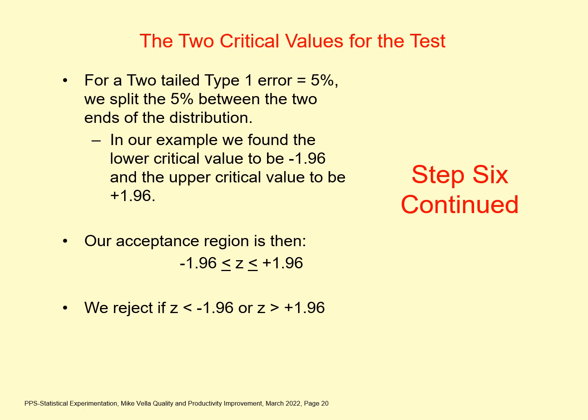Therefore, our acceptance region, and that is the region that we would say that we would accept the null hypothesis, would be if we find a z-score which is greater than minus 1.96, but is less than plus 1.96. And we reject the null hypothesis if the z-score is either less than minus 1.96 or if the z-score is greater than 1.96. This would indicate that the mean has indeed shifted.